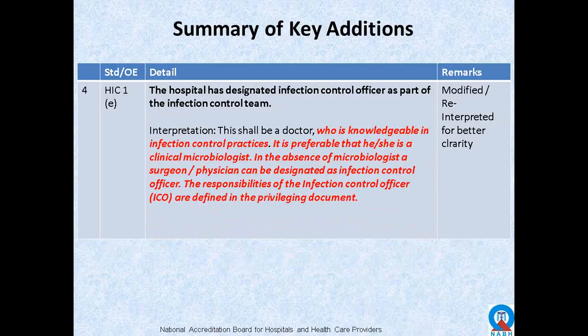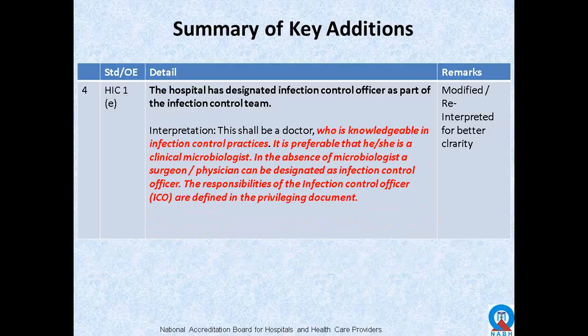1E, the interpretation is those who are knowledgeable in infection control practices. This shall be a doctor. What we have said is it should be a doctor, but he should have knowledge in infection control practices. It is preferable that he or she is a clinical microbiologist. In the absence of a microbiologist, a surgeon or physician can be designated as an infection control officer.